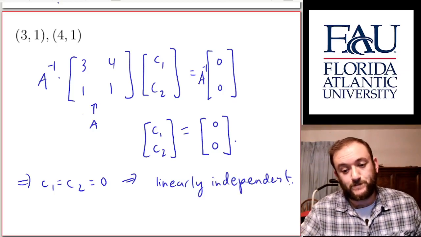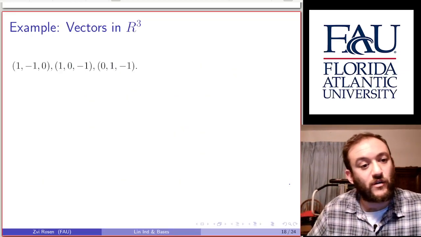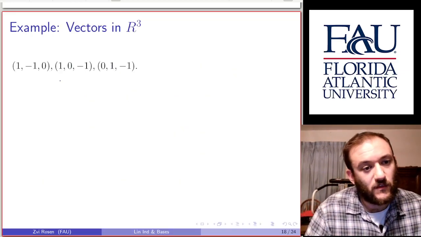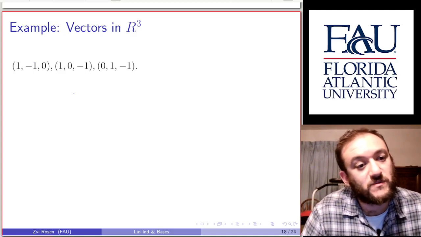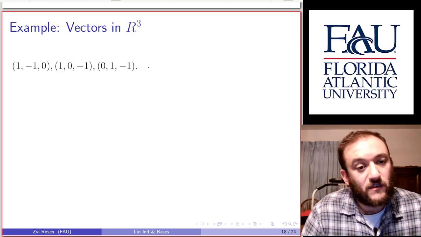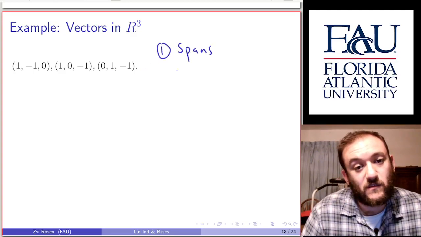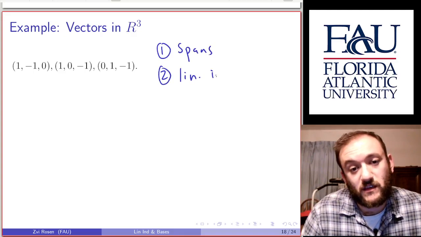Okay. How about vectors in R3? So we have 3 vectors, (1, -1, 0), (1, 0, -1), and (0, 1, -1). And we want to know if this spans and if it's linearly independent.